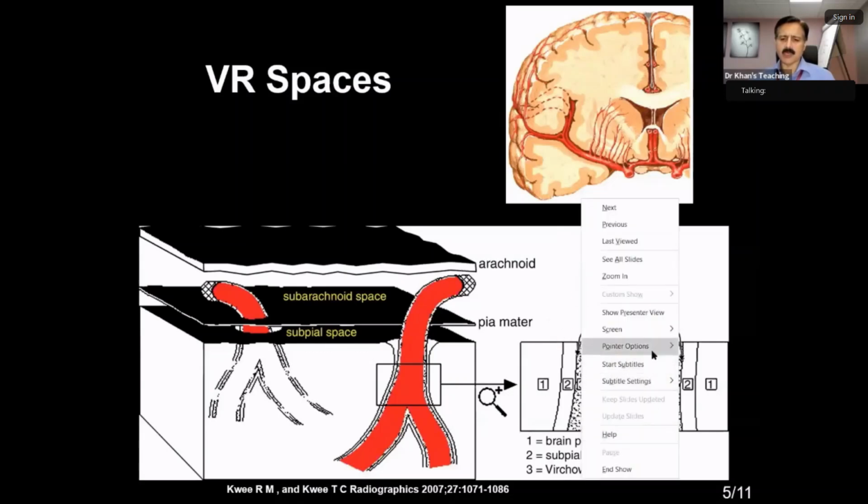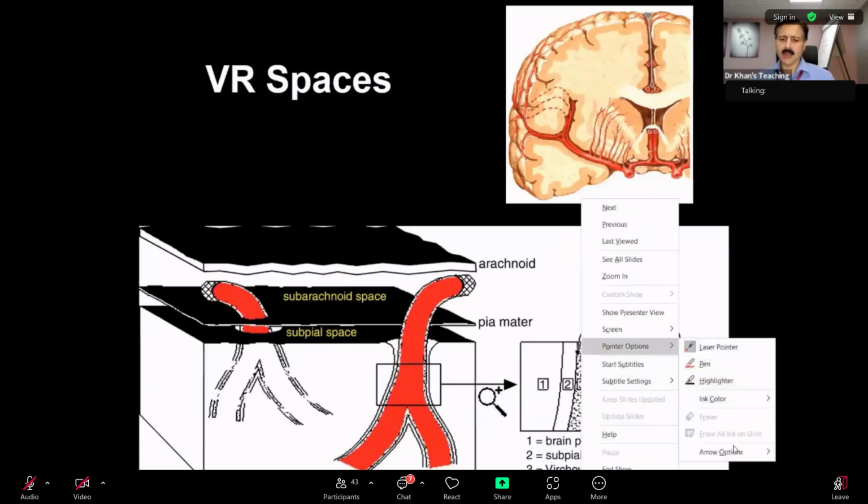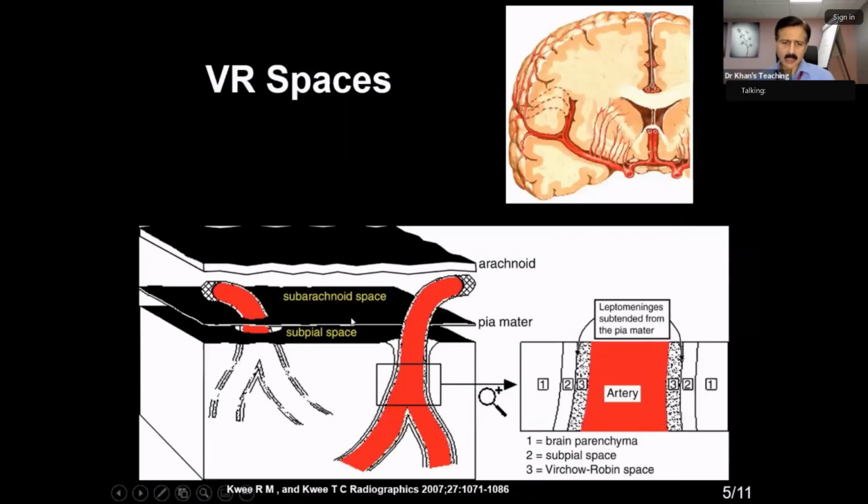So the point is that, see here, this is the subarachnoid space. So this is the arachnoid, this is the pia. The vessel goes through the CSF, goes into the brain.